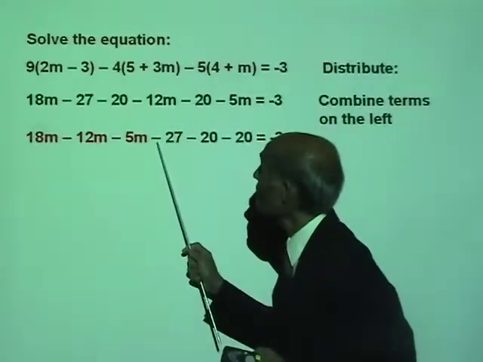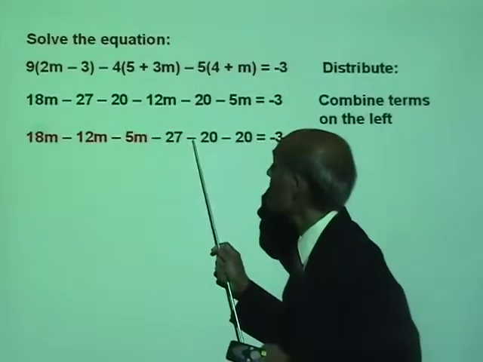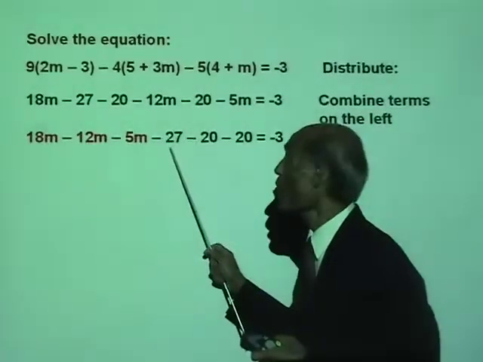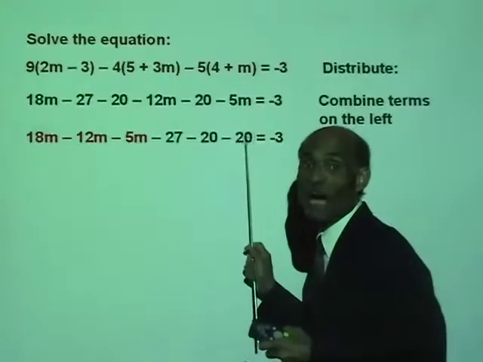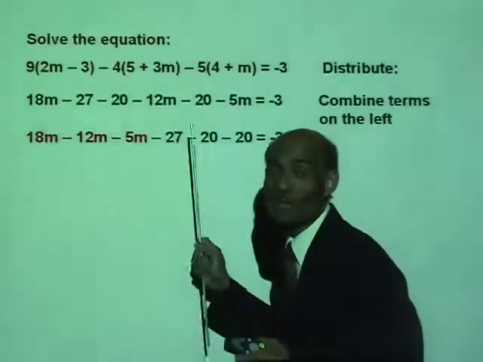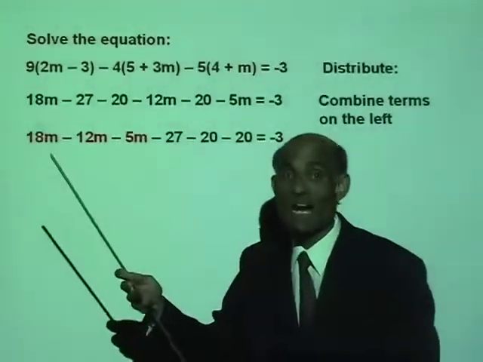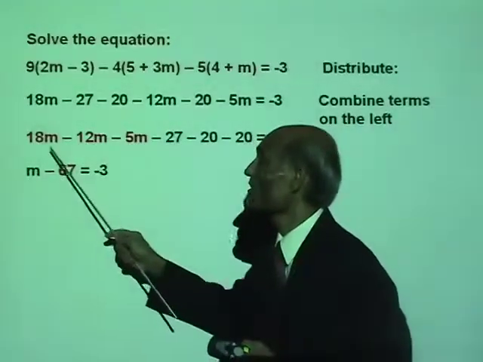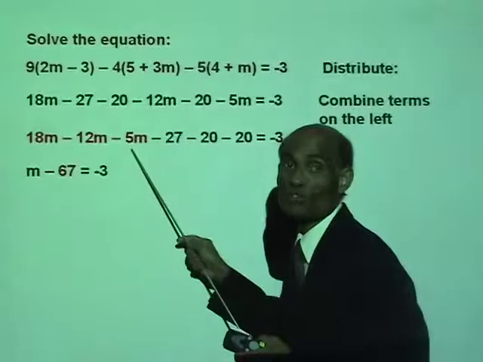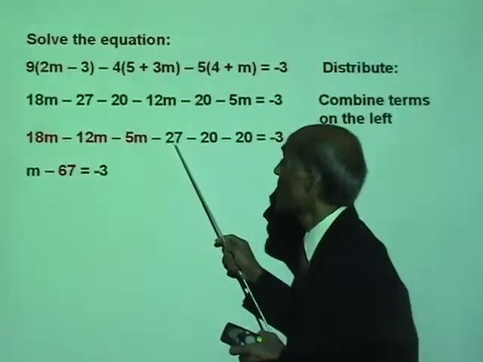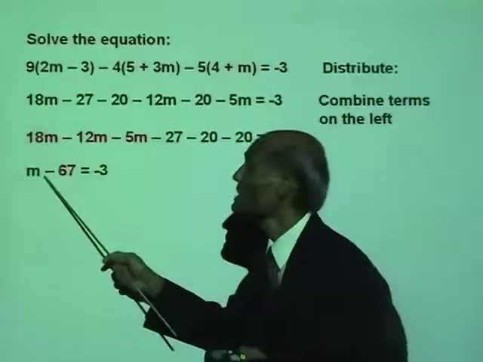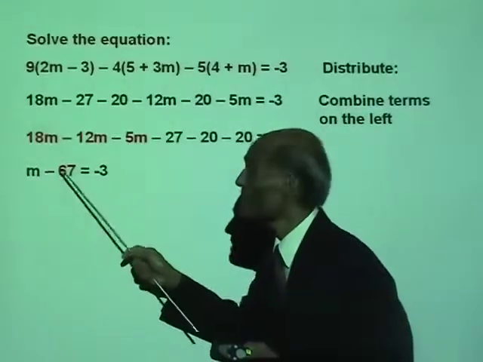And what is this? Minus 27 minus 20 minus 20. They are all negative, so add them all together and use the negative sign. That gives me m minus 67. You see that? These will give you m, and minus 27 minus 20 minus 20 is minus 67.